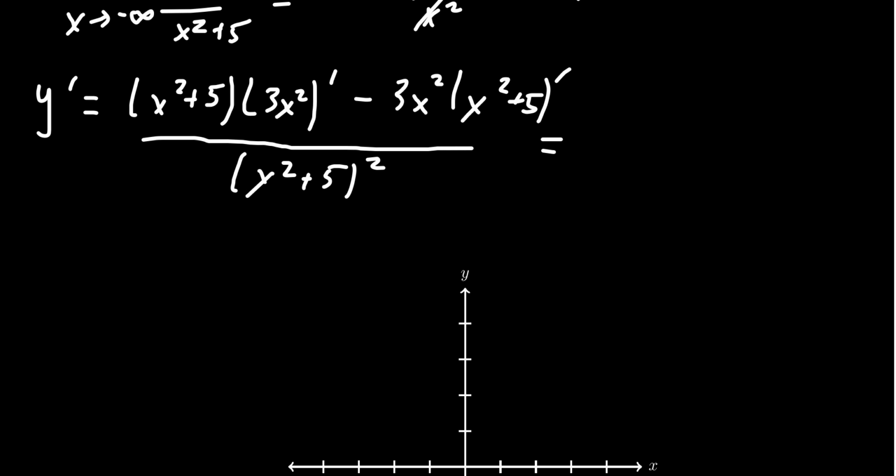And so the derivative of the 3x squared, that's going to be a 6x times x squared plus 5. And then the derivative of the x squared will be a 2x. So that gives us 3x squared times just 2x. This sits above the denominator still.